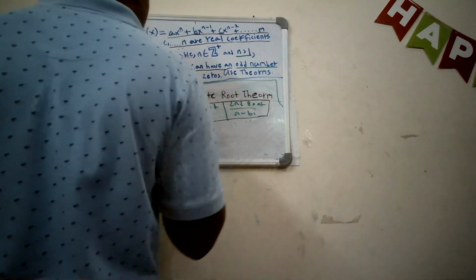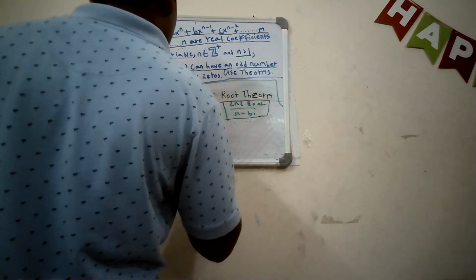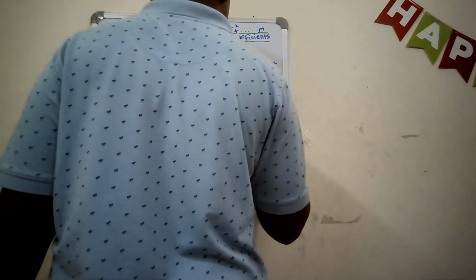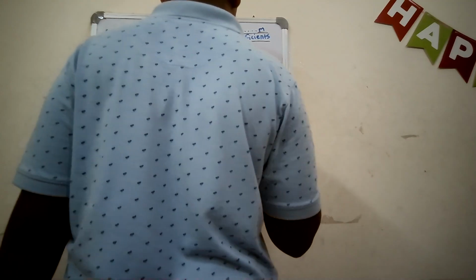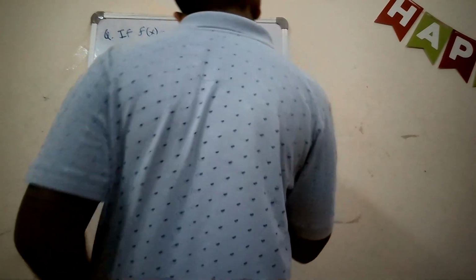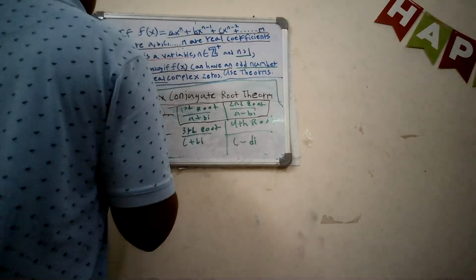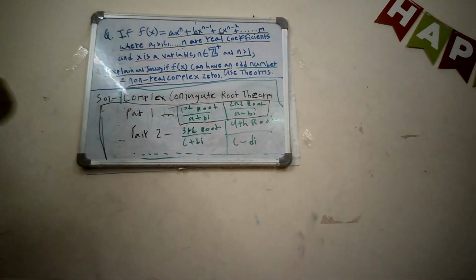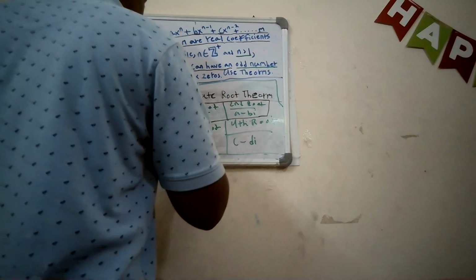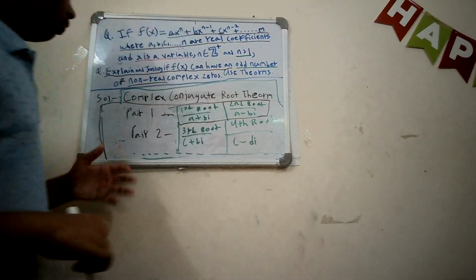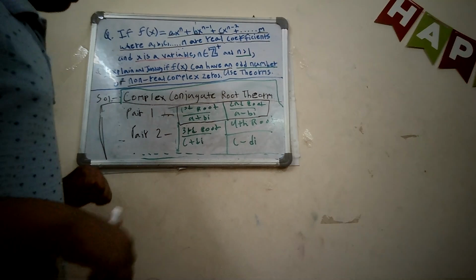In pair 2, the third root would be, let's call it c plus di, and the fourth root would be c minus di. So they come in conjugates basically, and this goes on. Like you can't say pair 3 will have only 1 complex root. No, the third pair will have 2. That's how it works.